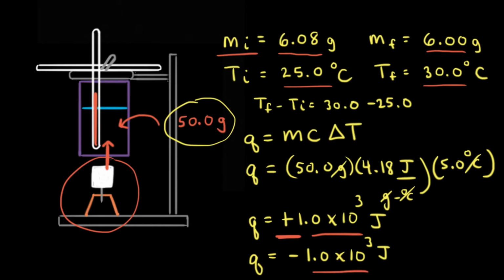However, there's no way that all of the heat was transferred from the combustion of the marshmallow to the soda can with our simple setup. So definitely not all of it was transferred. For example, some of it could have been lost simply to the environment. And since this soda can is open to the atmospheric pressure of the environment, so I'll go ahead and write atmospheric pressure in here, this soda can calorimeter is an example of constant pressure calorimetry.